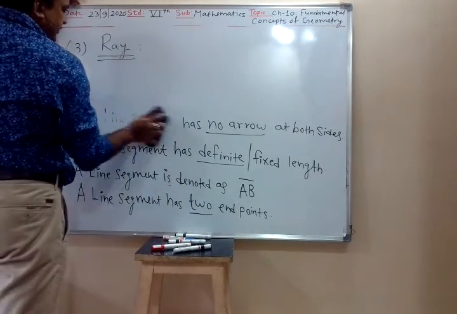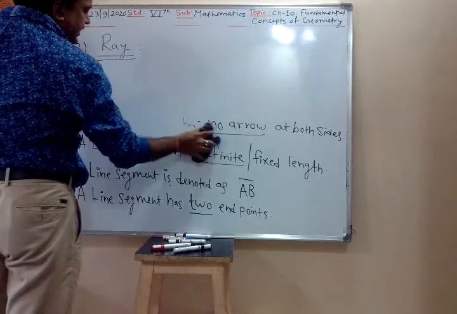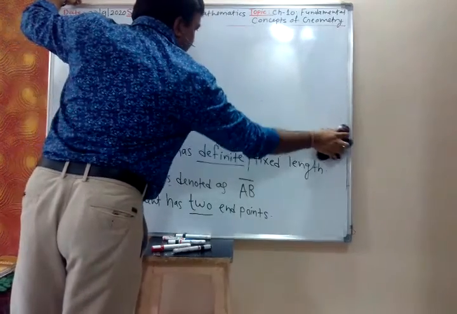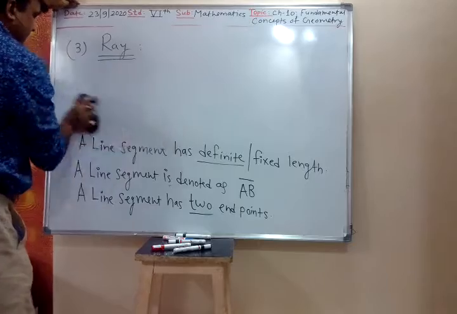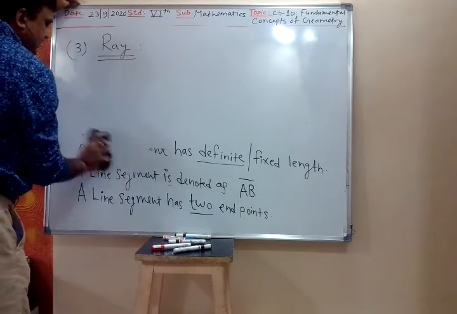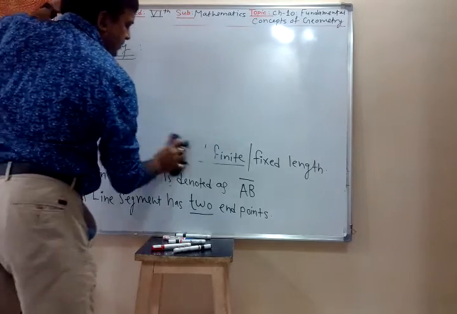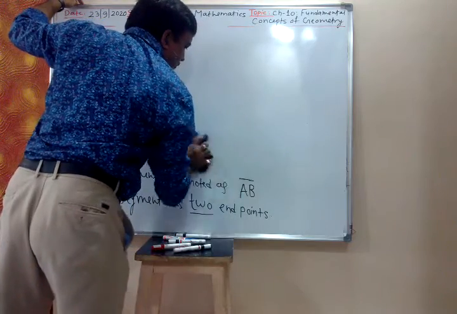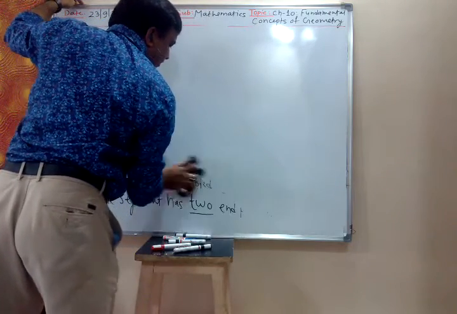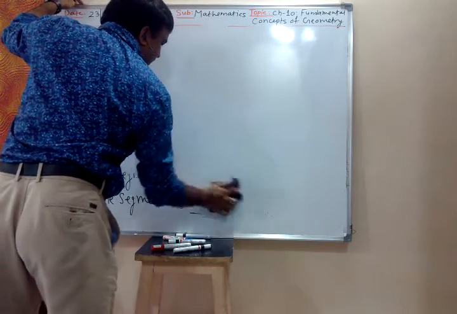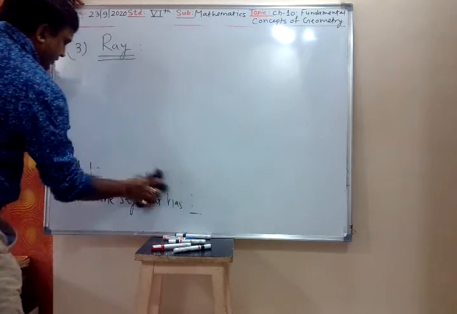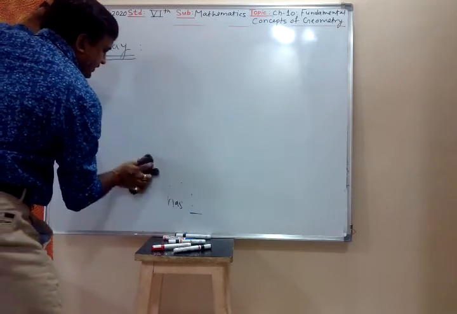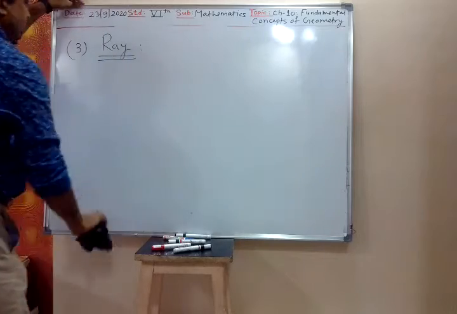We have seen line, then we have seen line segment. Now the third is ray. First we have seen line. A line has two arrows at both sides. A line segment has no arrow at both sides. Arrow means it can be extended. Whenever there is no arrow, it cannot be extended.